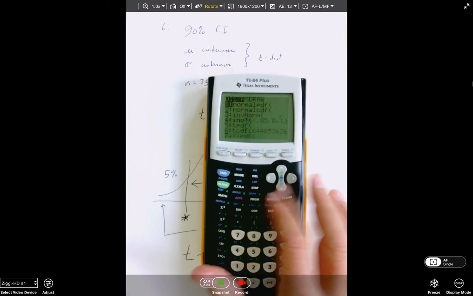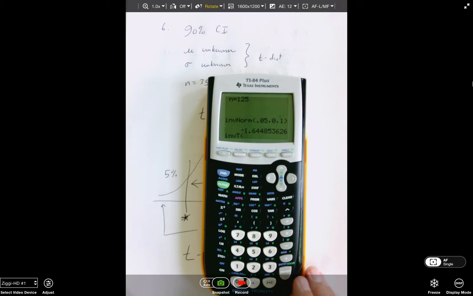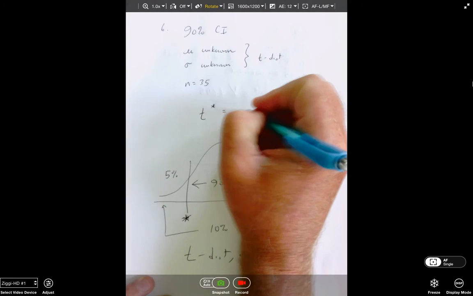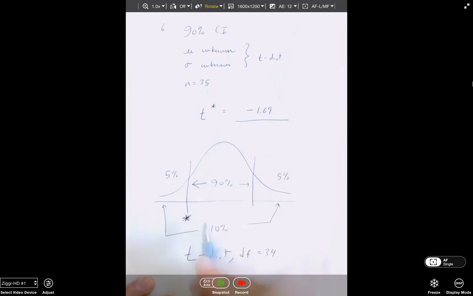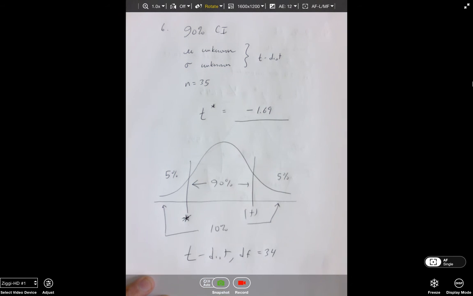So we're going to use inverse t, 0.05, comma 34. So that's negative 1.69. So we know that negative 1.69 is going to be this one. And we know that the positive of that is going to be over here. So the critical value for this confidence interval would be plus or minus 1.69.